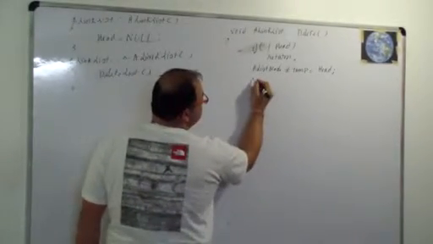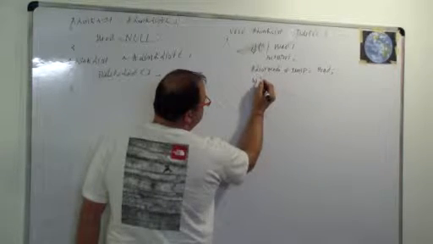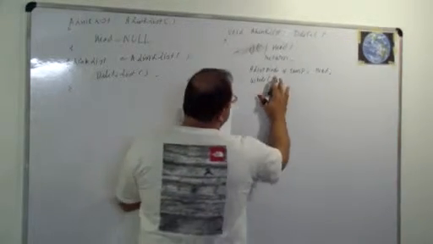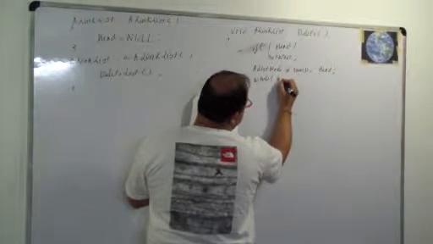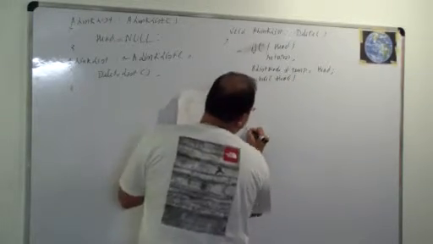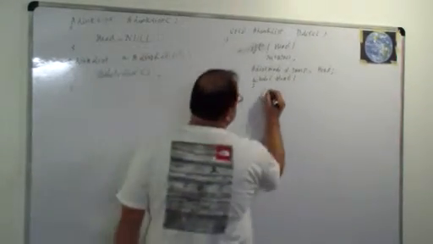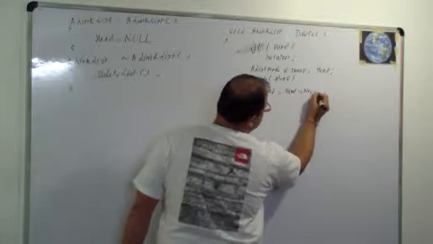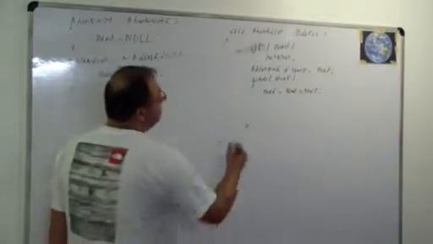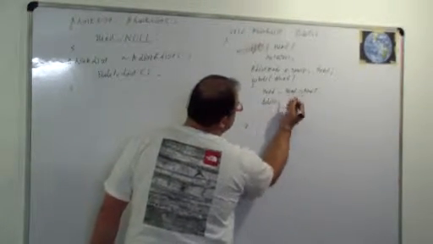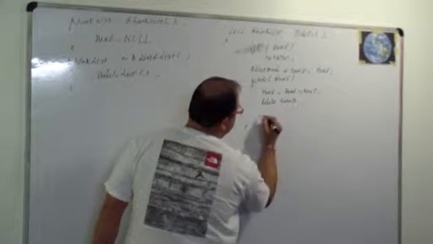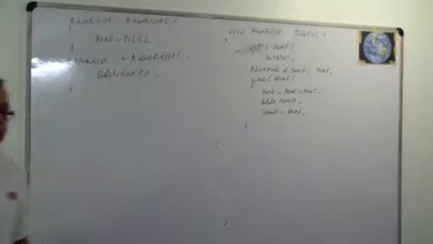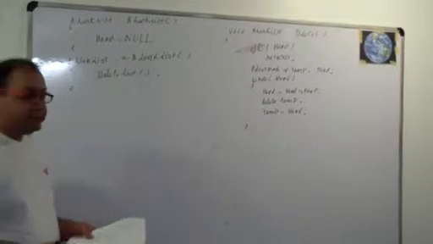Now we will check while head exists: head is equal to head arrow next, delete temp, and temp is equal to head. Yes?